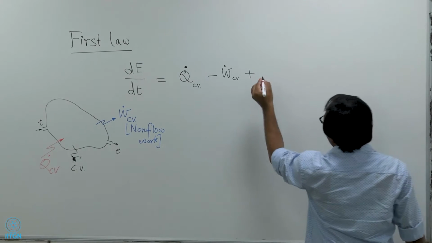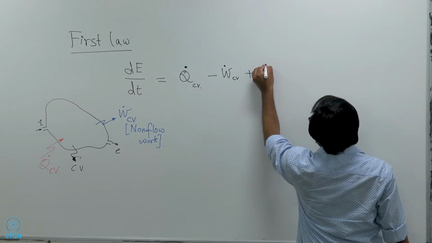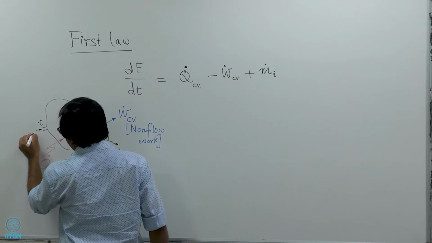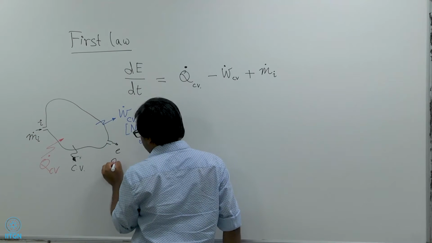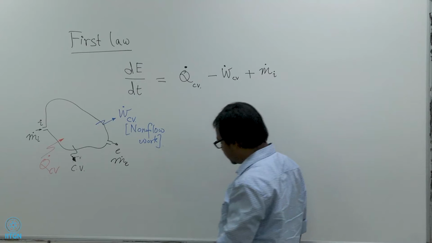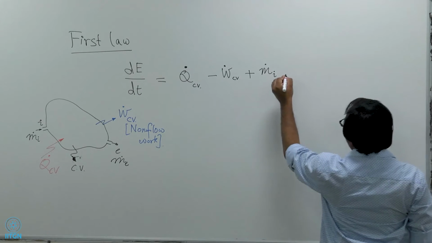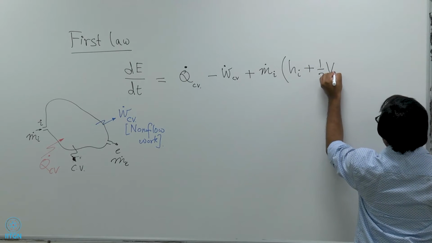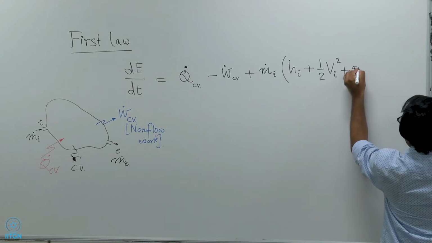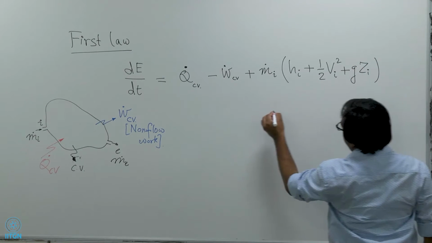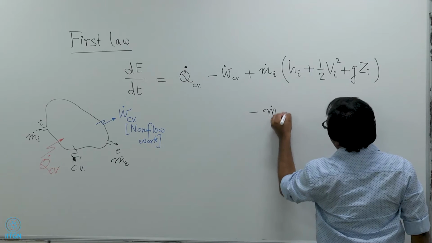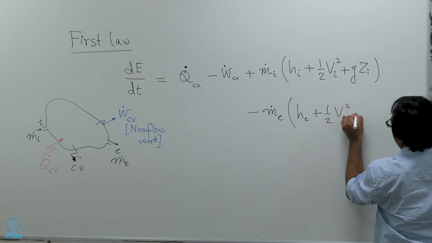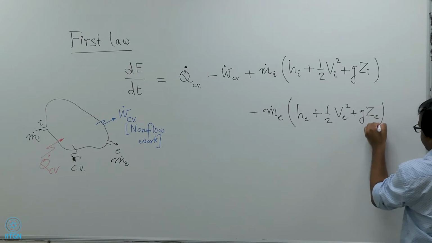We saw that suppose at the inlet the flow rate is m dot I, and at the exit the flow rate is m dot E. So, this is m dot I times (h_I plus half V_I squared plus g z_I) minus m dot E times (h_E plus half V_E squared plus g z_E).